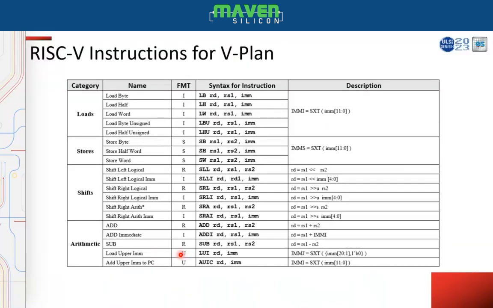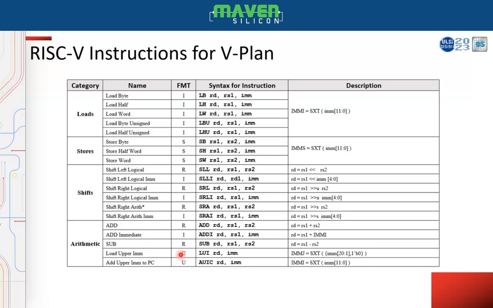So if you look at the instruction set, our RISC-V core is capable of executing various instructions like load byte, load half word, load word, and similarly store byte, store half word, store word, and there are some commands which do shift operations, and some which can do arithmetic and logical operations. So that way our processor is capable of executing a different set of instructions. Altogether we have 38 instructions.